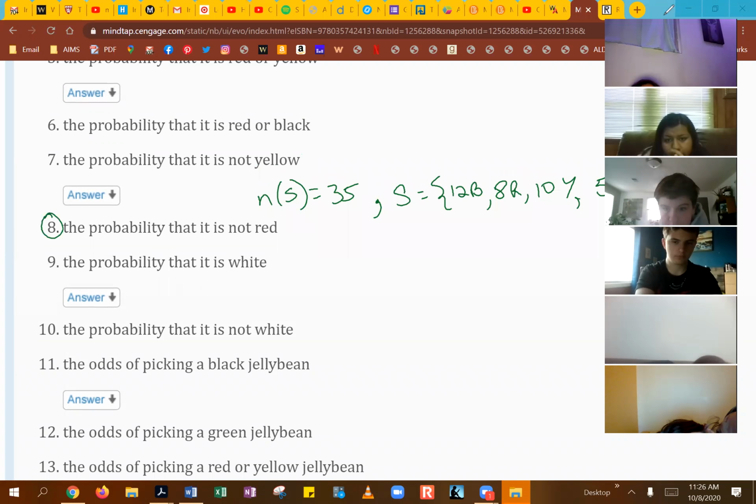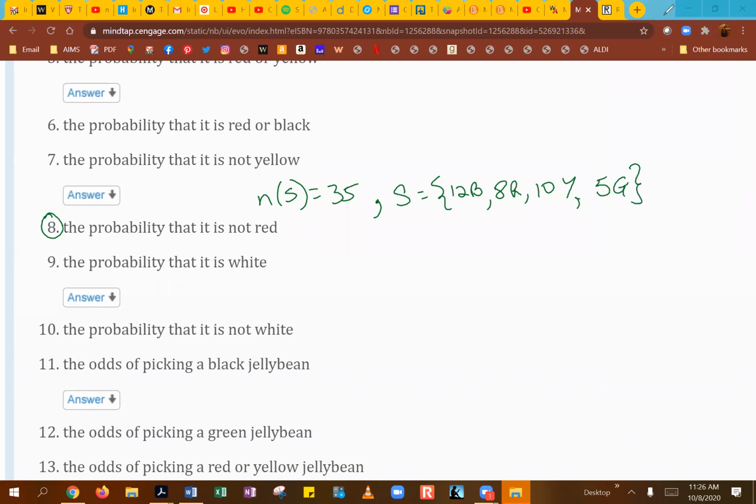How will you find that probability that it is not red? The jelly bean that you select from the jar. So our event is going to be not red. So what outcomes would you put in here when they're saying it's not red?